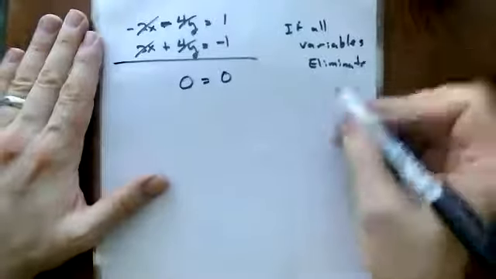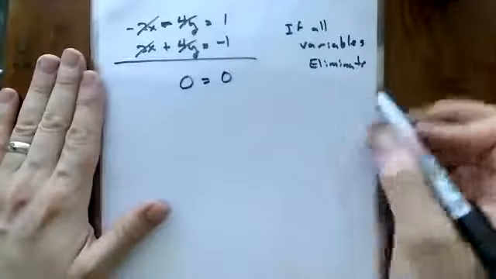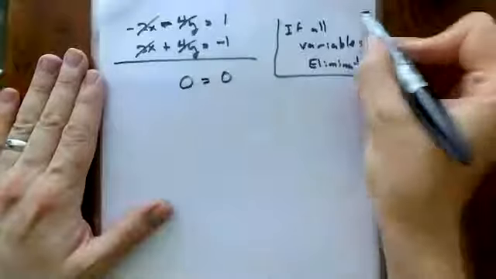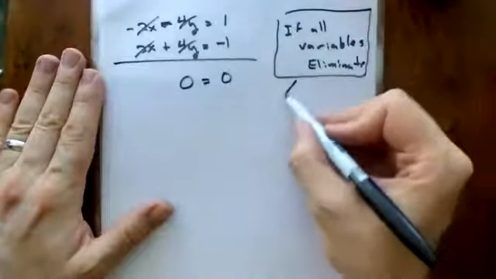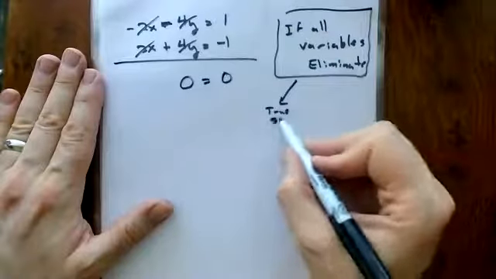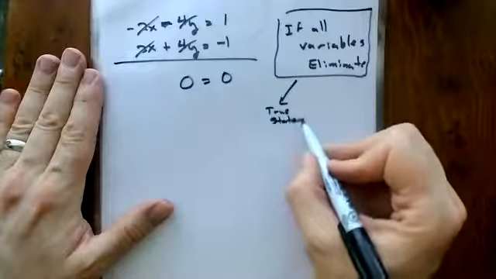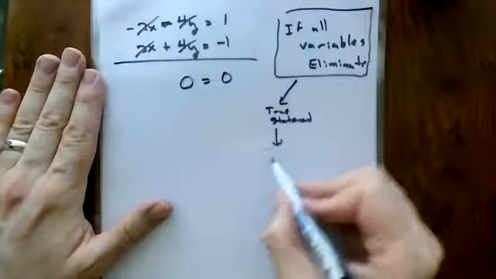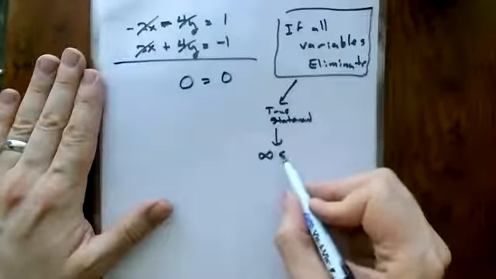If all of your variables eliminate, we're into one of our 2 special cases. If all of our variables eliminate and we're left with a true statement, for example, 0 equals 0, then I have an infinite set of solutions.